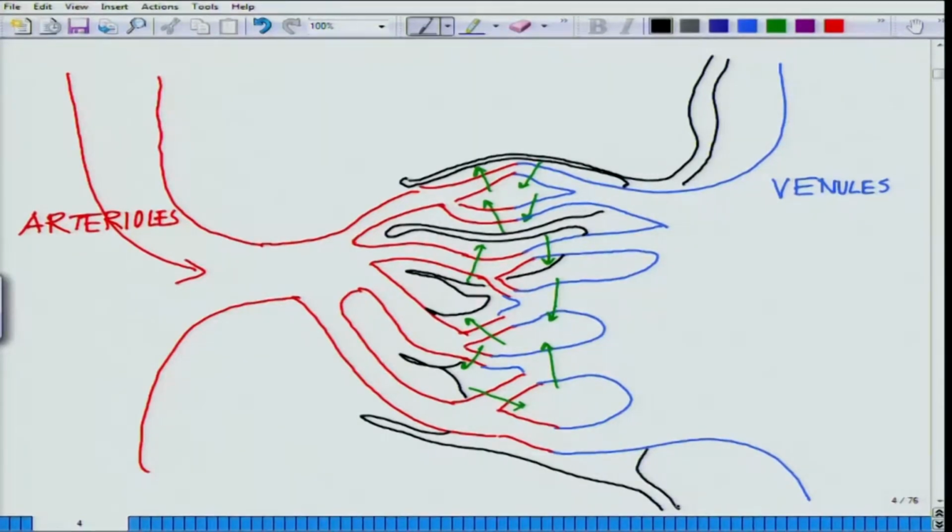It runs parallel. So, whenever there is fluid being given out, this space, which is in magenta, is called the interstitial space. And this black one is your lymphatic vessels.